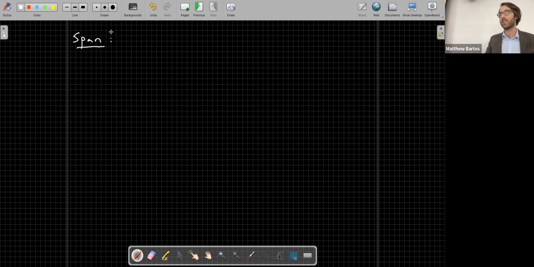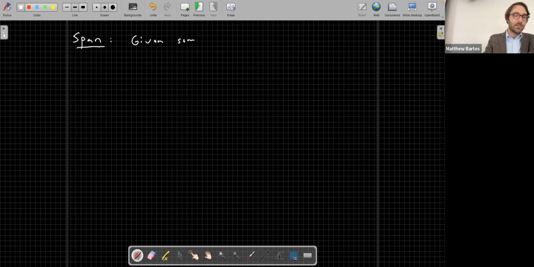The span of a set of vectors is essentially the collection of vectors that you can reach by scaling those vectors and adding them together. So that's the intuitive definition. Here's the formal definition.